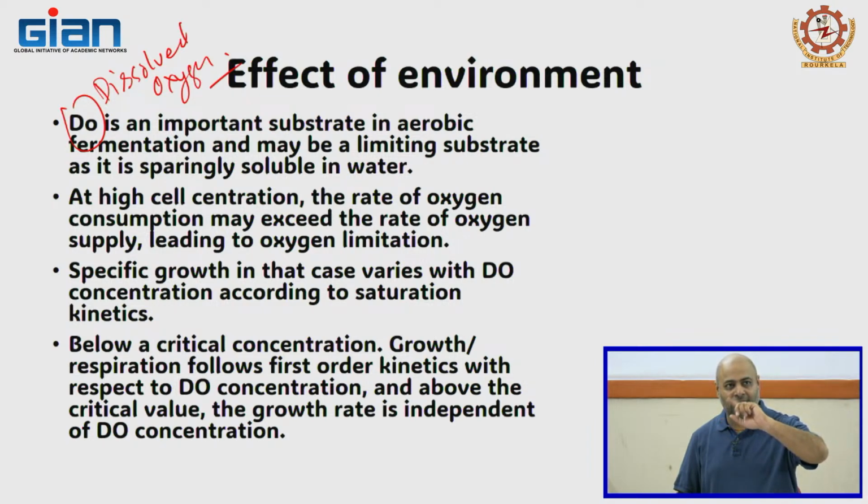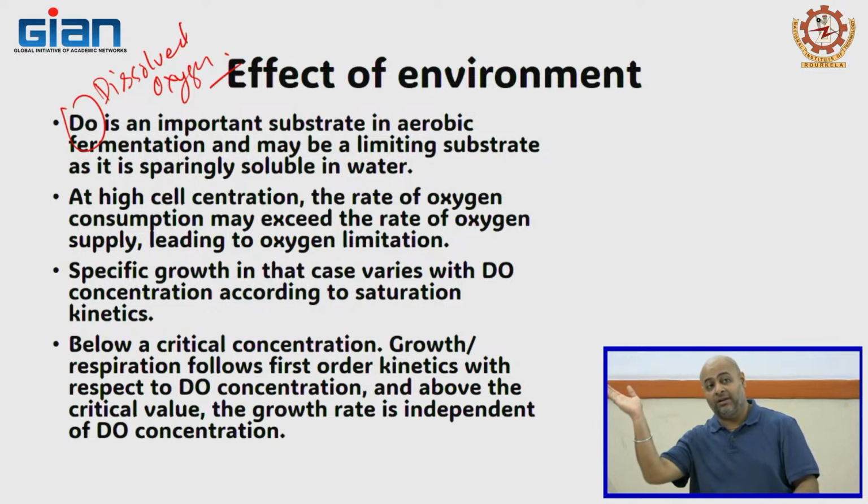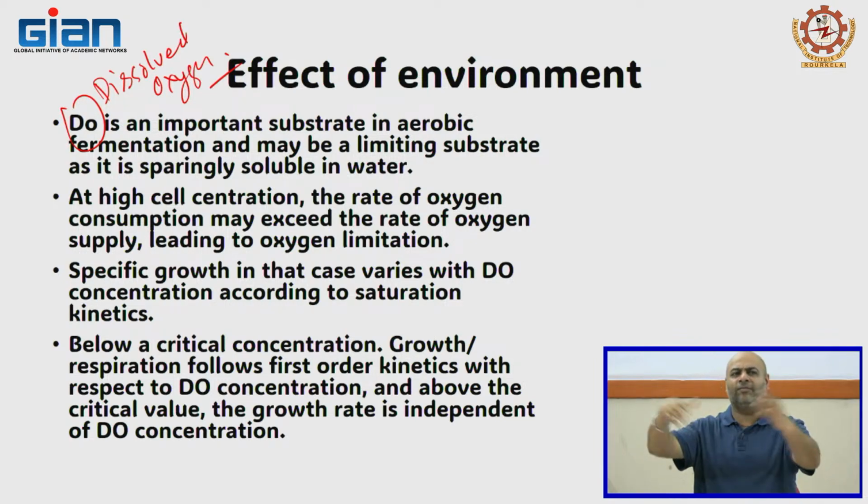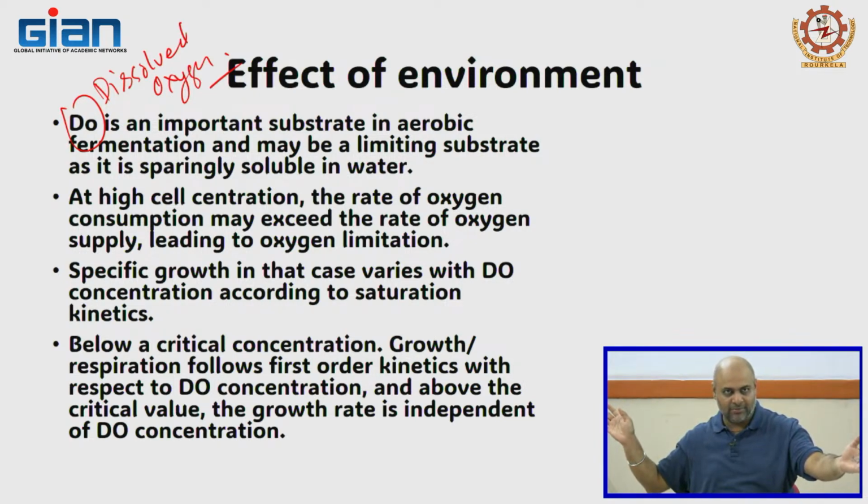If the DO concentration or dissolved oxygen is impacting your cell concentration, it's a first order reaction, right? So below the critical concentration, the growth rate follows first order kinetics. Above the critical concentration, when you have enough oxygen, the cells will happily grow.